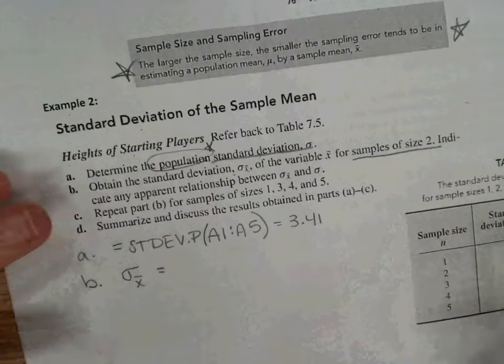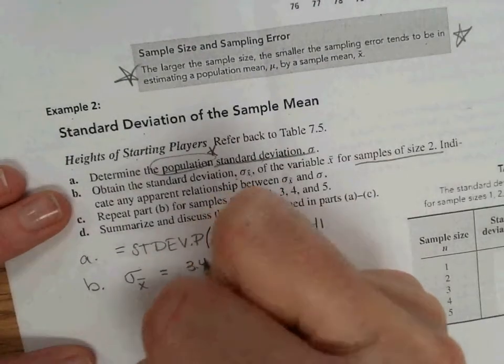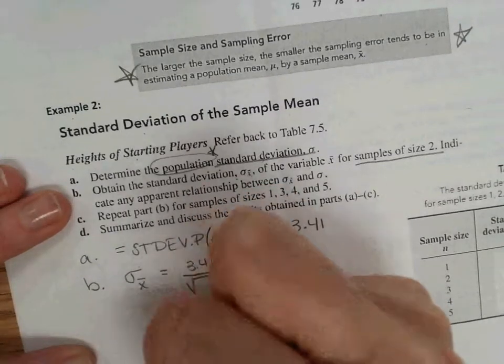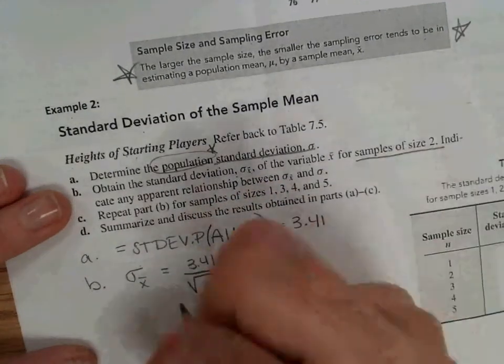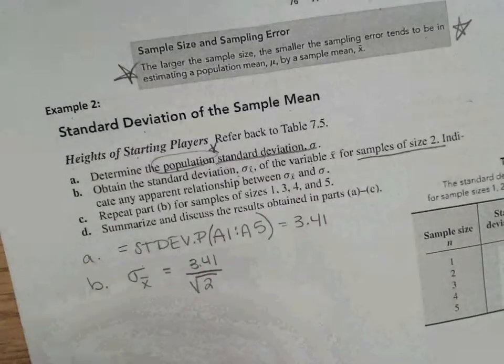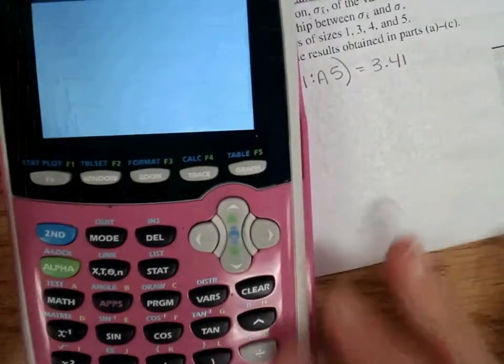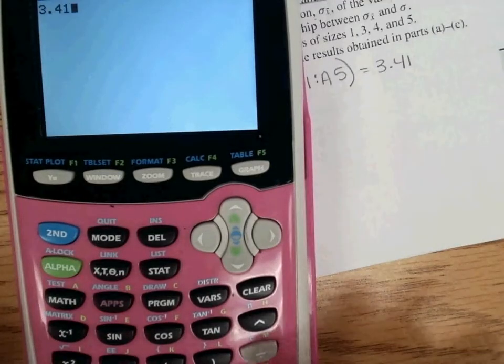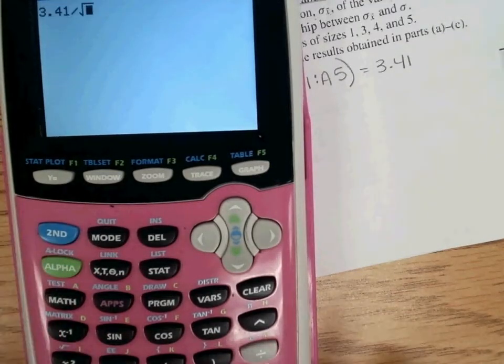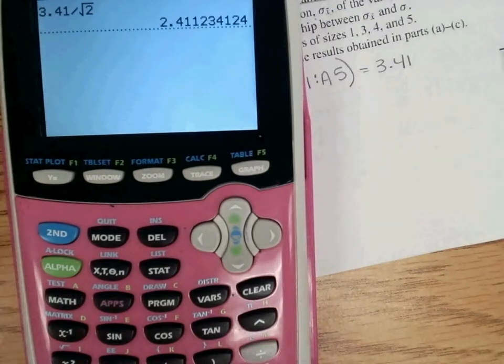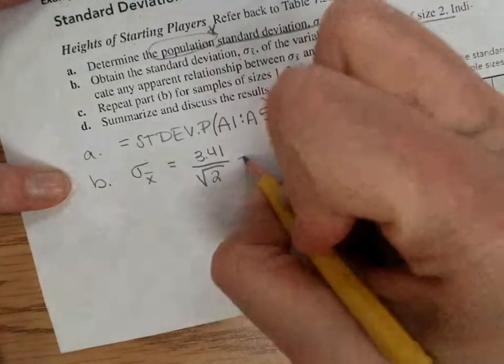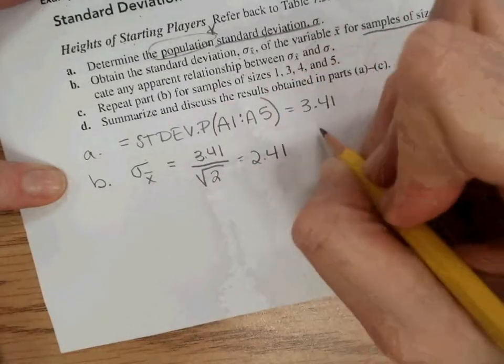That's 3.41 divided by the square root of 2. We can calculate that: we get 2.41. And that's for n equals 2.